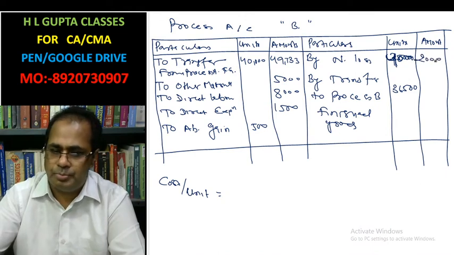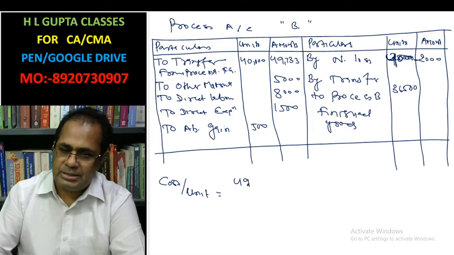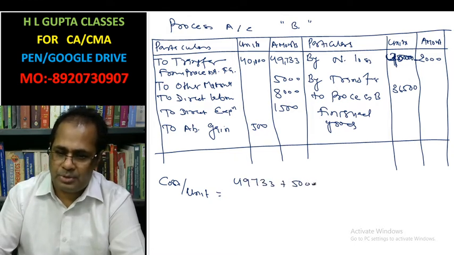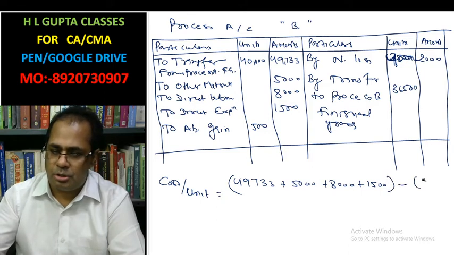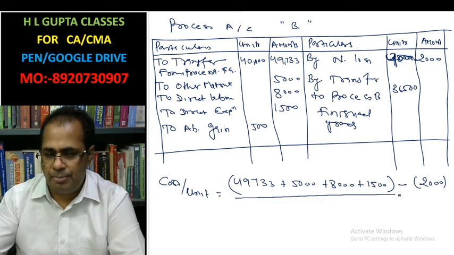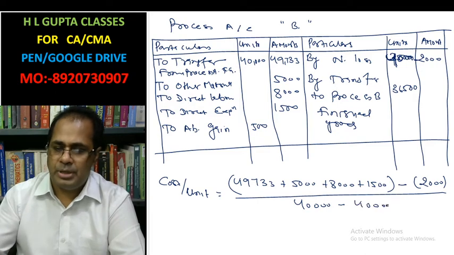Okay, please try to understand. Cost per unit is 49,733 plus 5,000 plus 8,000 plus 1,500, minus realization from normal loss 2,000, whole divided by 40,000 minus 4,000 normal loss.